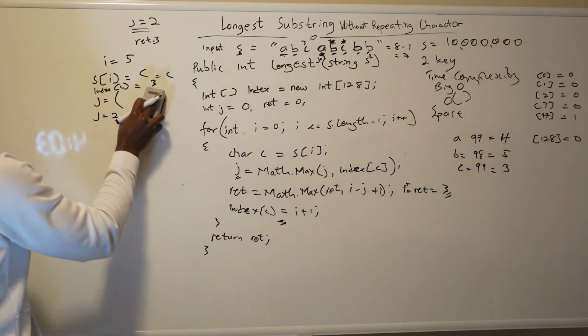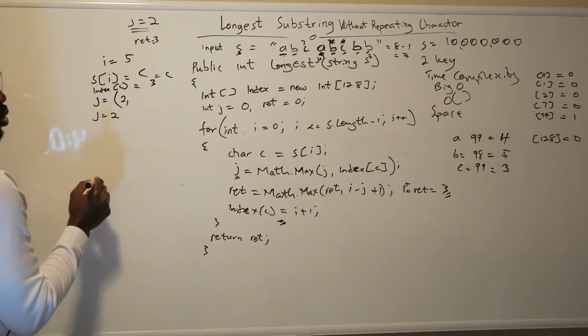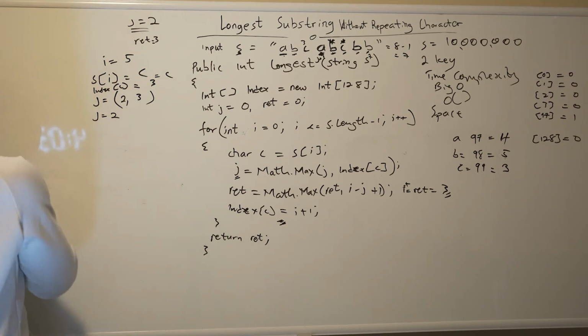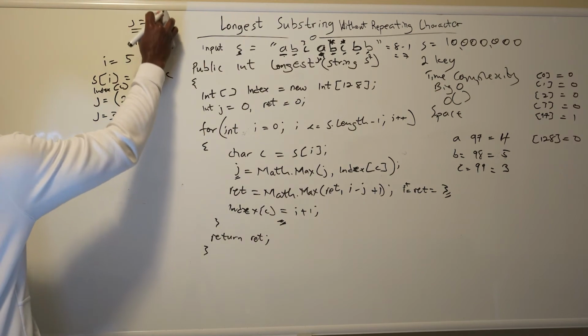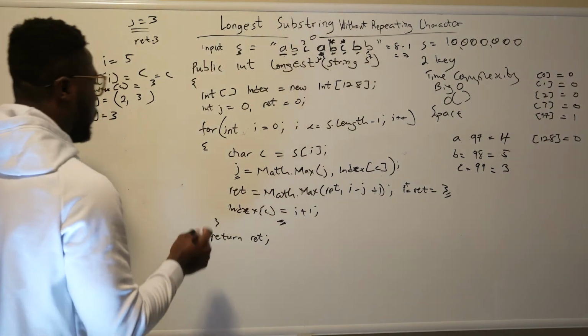We know that J is already 2, so the max of 2 and index at C, which is 3. So we then get J at 3. And this J is equal to 3, right?